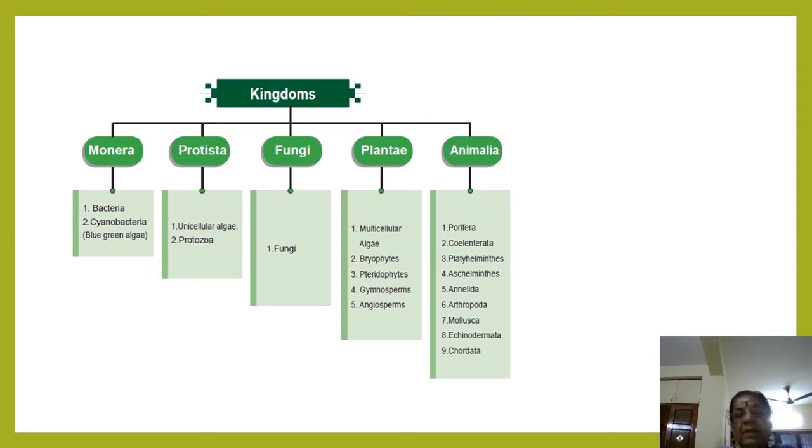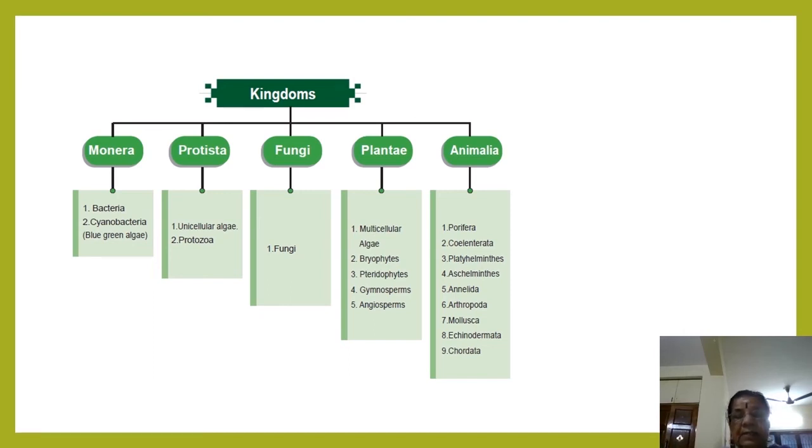Are you clear? Then Kingdom Plantae: multicellular algae, bryophyte, pteridophyte, gymnosperm, angiosperm. We already studied them, right? I have said in previous parts 1, 2, 3 that we will study these separately. I hope you could recollect this.